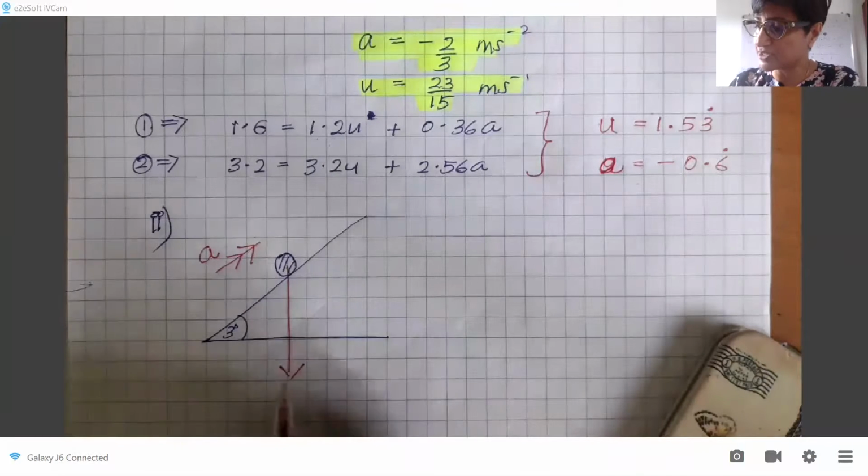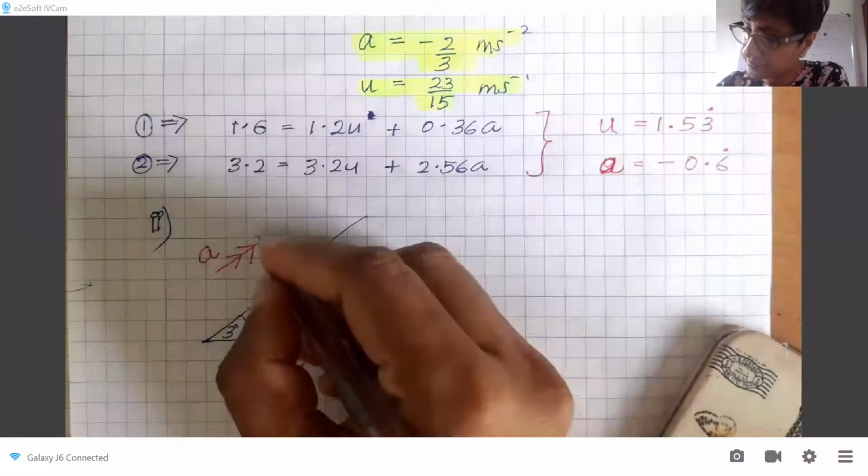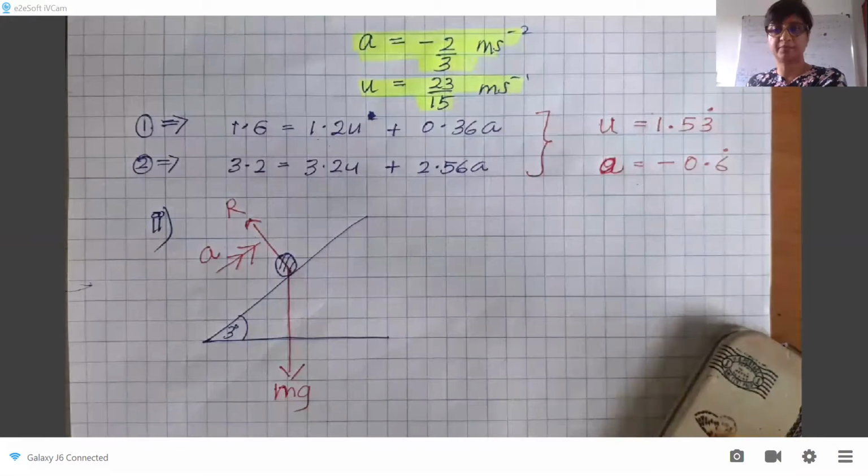We don't have the mass, so let me mark it as mg. We don't know the mass, so I'm going to mark it as mg. Here's reaction R. What else would be there?